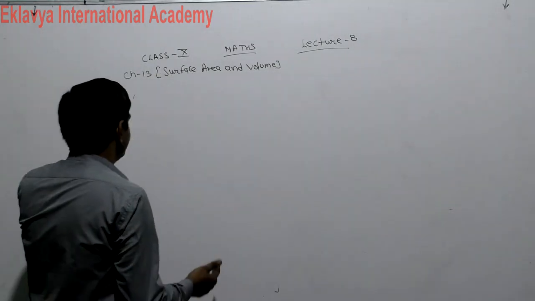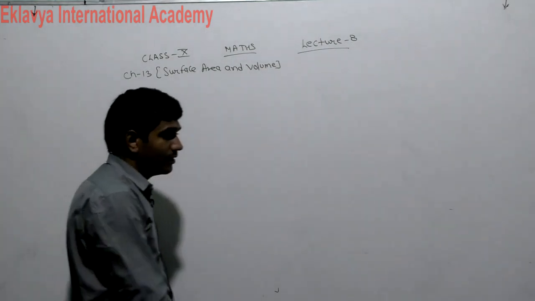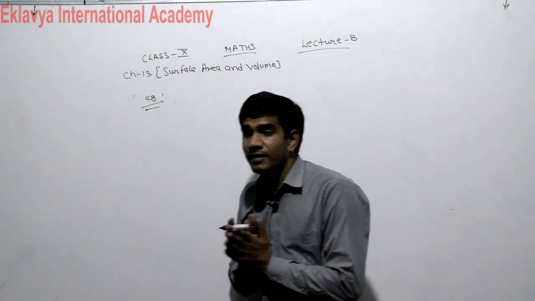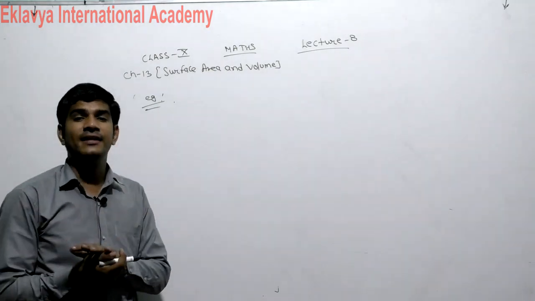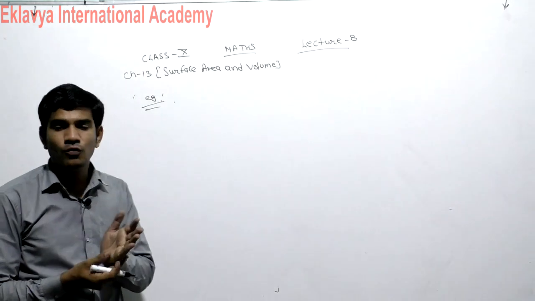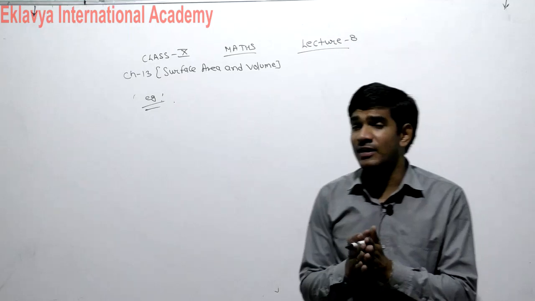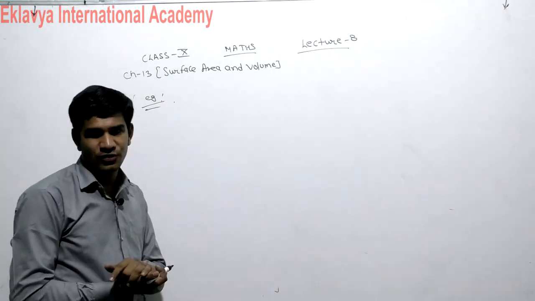For example, we have many spheres, then we melt them, and after melting the spheres we form a cube. Then how will we find the TSA of the cube, the CSA of the cube, or the volume of the cube, right?